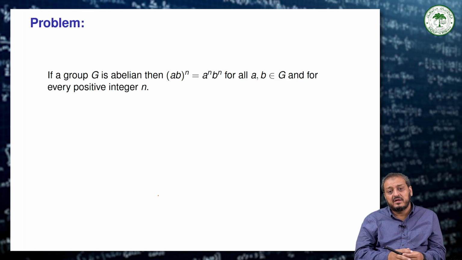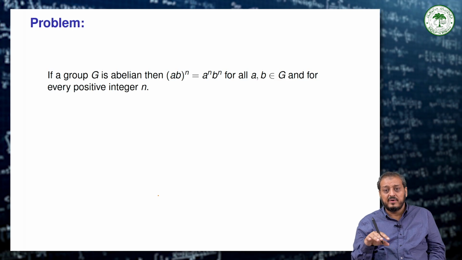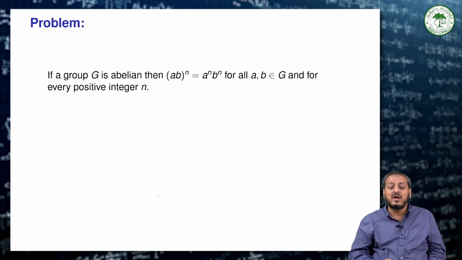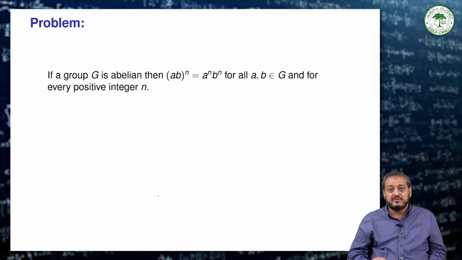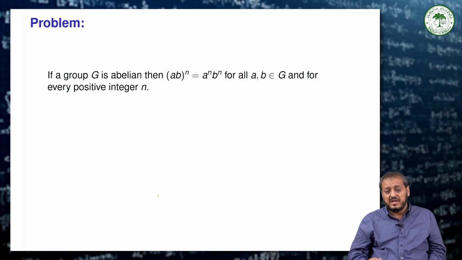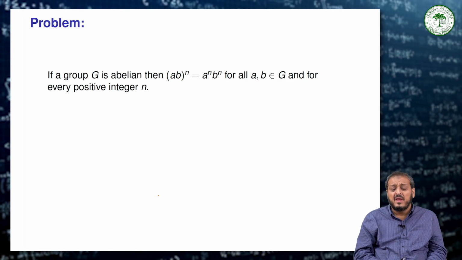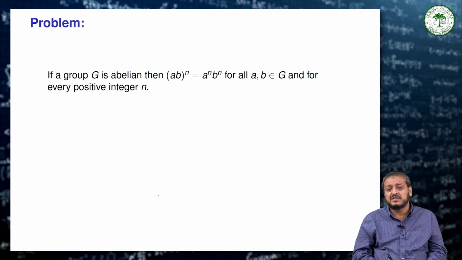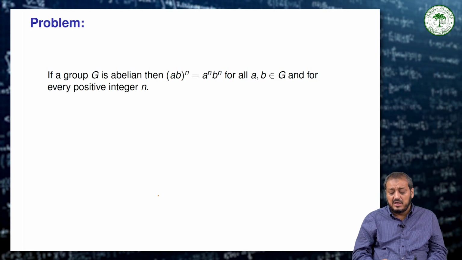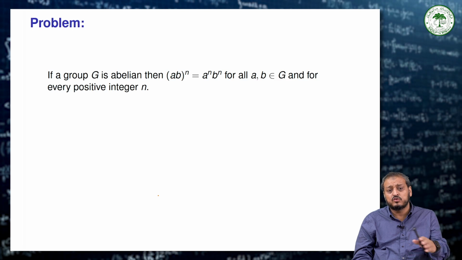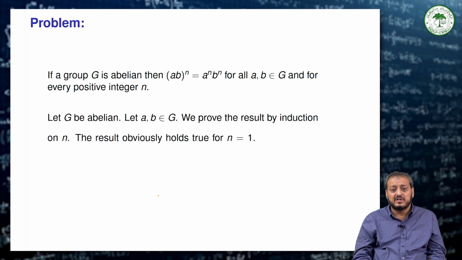So we try to prove that ab to the power n is equal to a to the power n, b to the power n for all positive integers. We can show that ab is equal to ba, and this condition is given. So let us start; this is true for all positive integers.